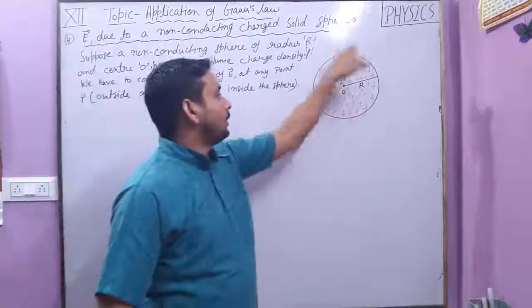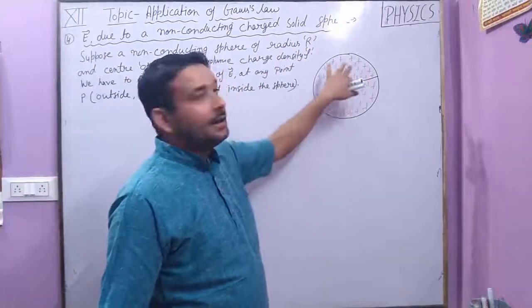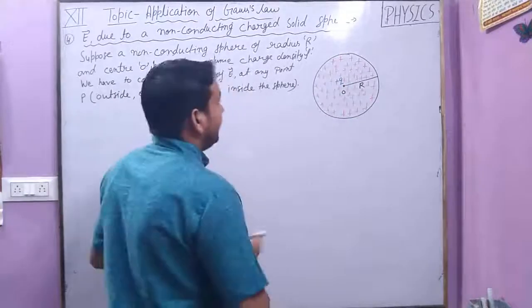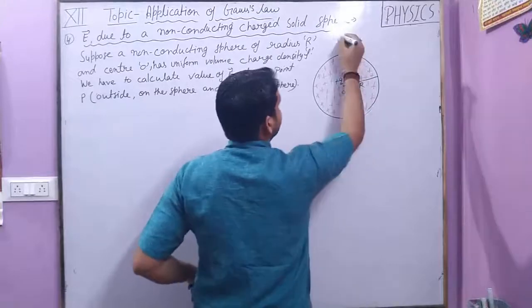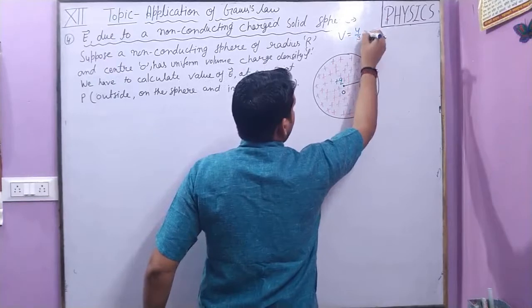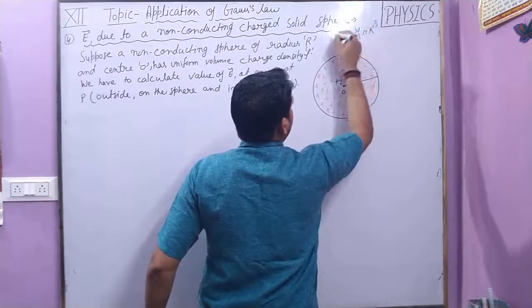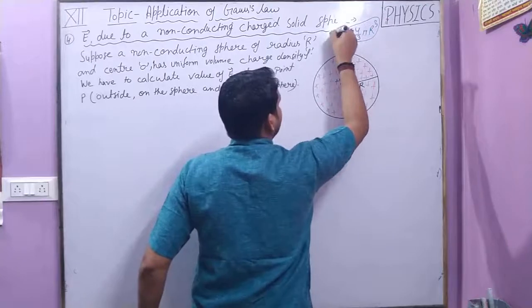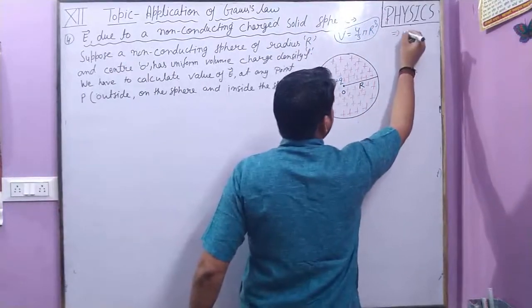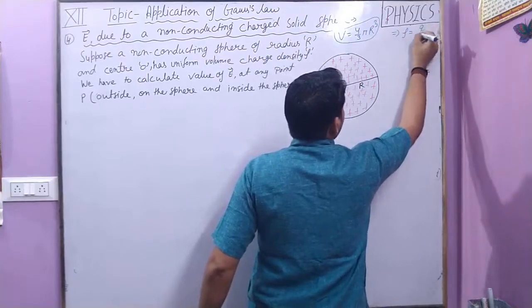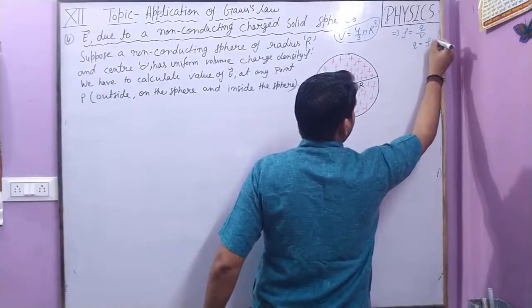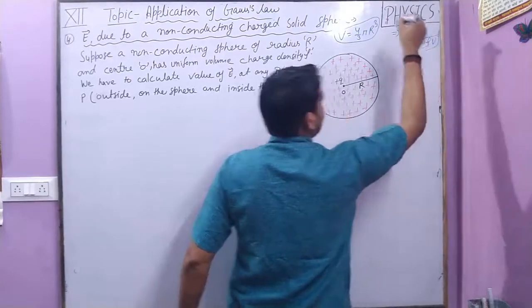We have a solid sphere which is made up of charge, and it has volume V. Volume V is equal to 4 by 3 pi r cube. This is its volume. Okay, and it has a volumetric charge density rho, which is given by Q upon V, where Q is the total charge enclosed within it.